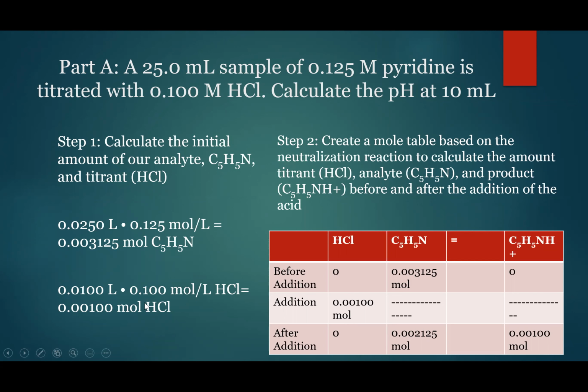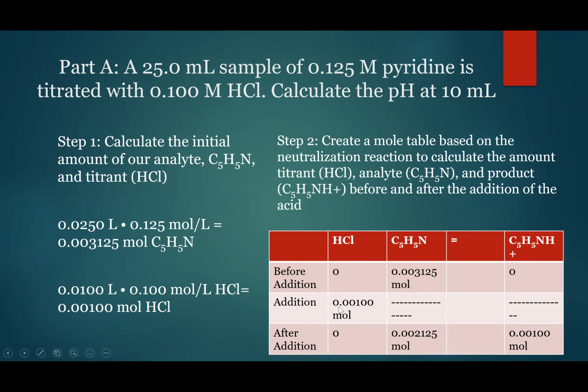Our step two is to create a mole table based on the neutralization reaction. So we know that before the addition of the acid, we had 0.003125 moles of C5H5N. We didn't have the conjugate acid as of yet, and we did not have any amount of the acid itself.